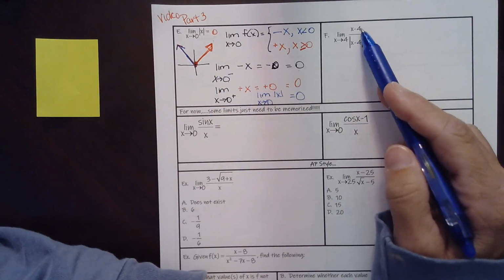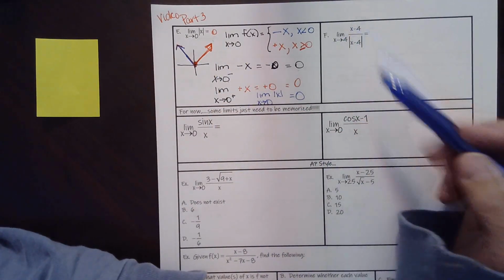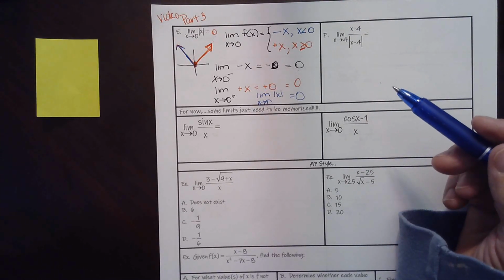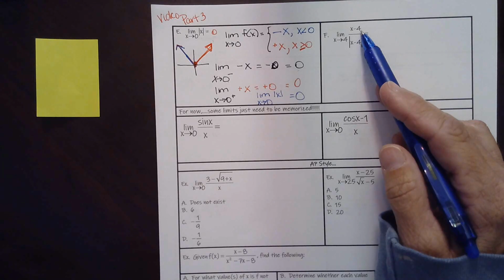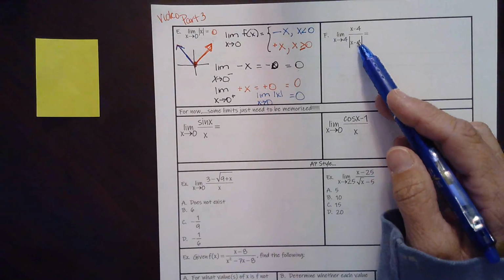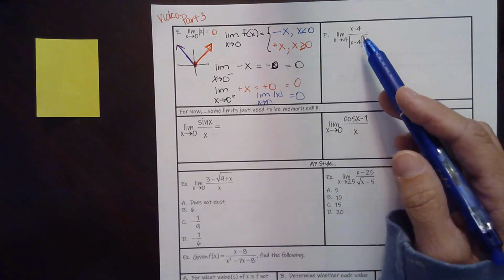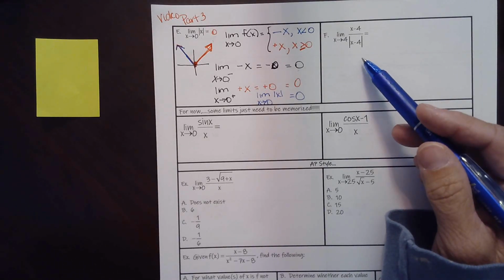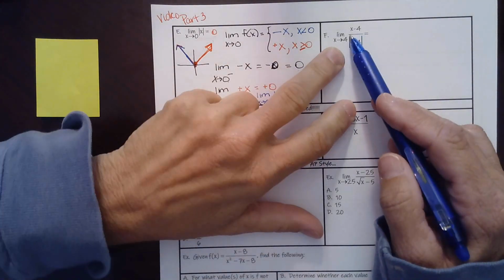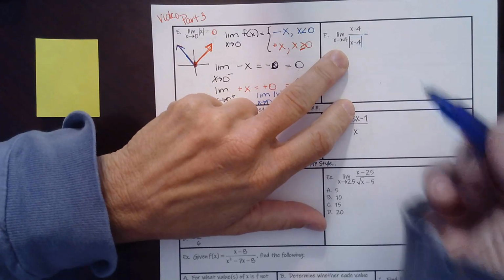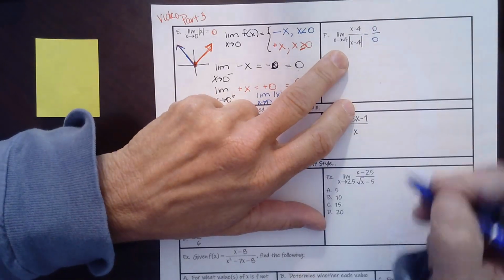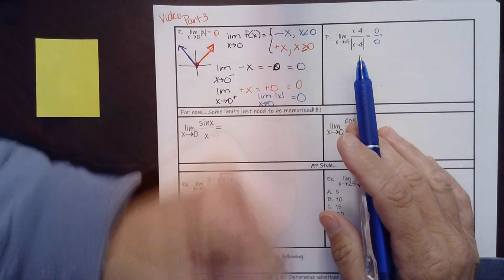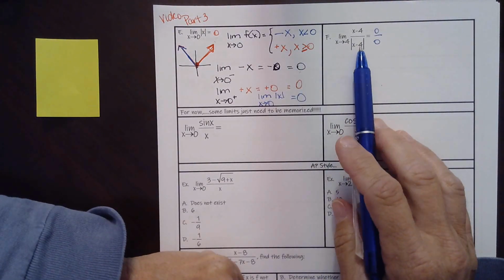But we don't know what this function looks like. And could we graph it? Yes, but we're not going to, because we have to be able to find a limit algebraically and without a calculator of any kind. So when you substitute your 4, we've already talked about how we would get 0 over 0. So you might say, okay, well, how do you know what technique to use?